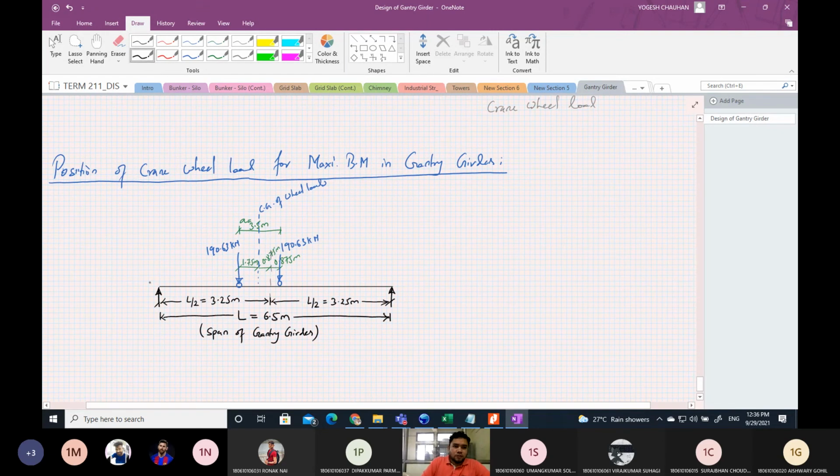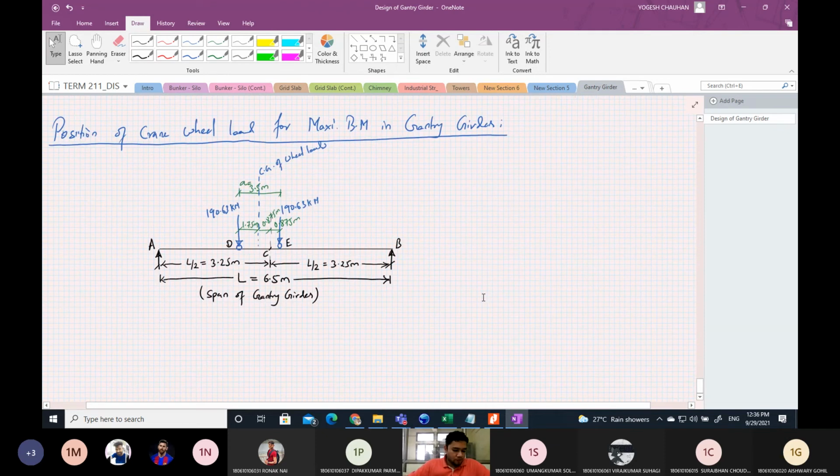So let us say this is A, this is B, the center point C. This wheel load is at D and this one at E. So maximum bending moment will be at E. So let us first find the reaction at any end. Let us find the reaction at B.